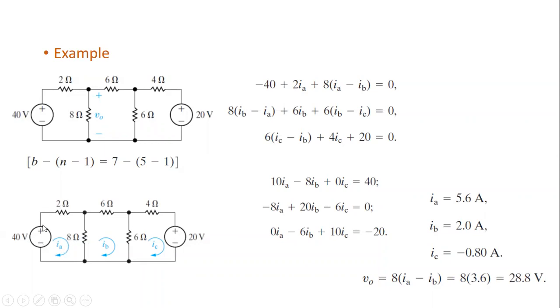Going upward in the clockwise direction, we are going with the direction of voltage rise, and voltage rise means negative. So the first term will be negative 40. Then we will have 2 times IA, and then we will have 8 times what?